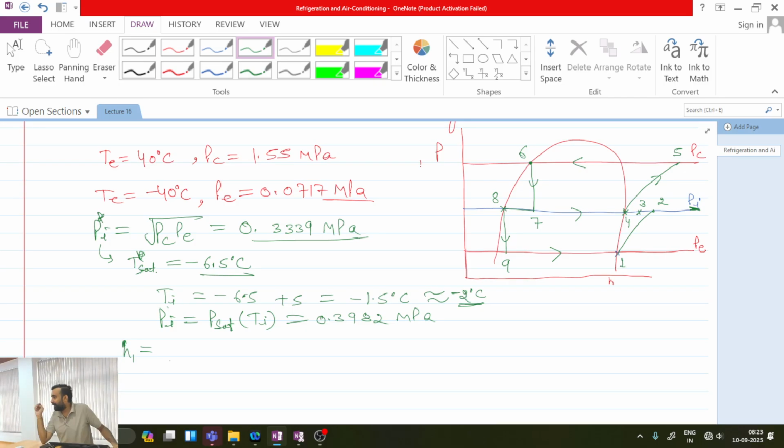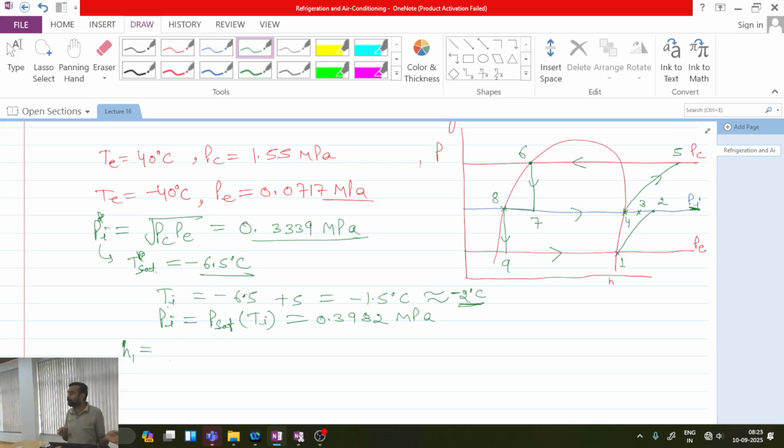Don't worry about that, but whichever property table you refer to, use the same table for all values of the problem, because ultimately we are not interested in the absolute values but in the difference of properties. Whenever you calculate refrigeration effect, work done, etc., it comes as H1 minus H9, so the difference will always be the same.